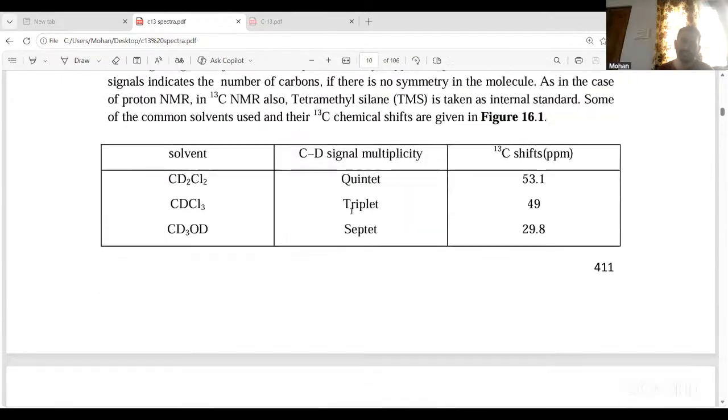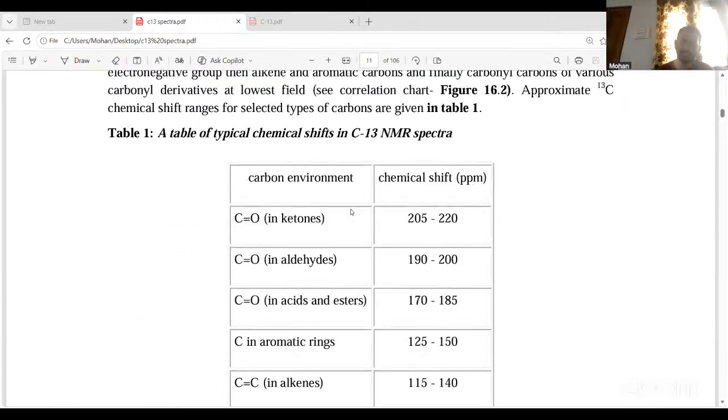Generally, the chemical shift is defined as the absorption position of the signal with reference to the reference compound.